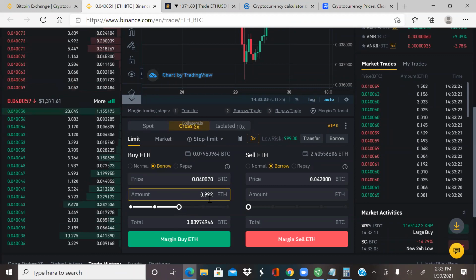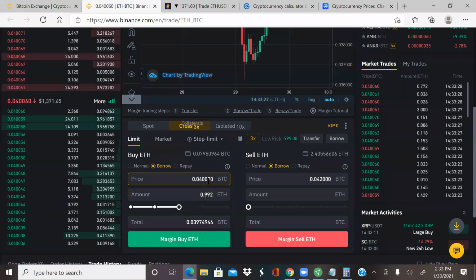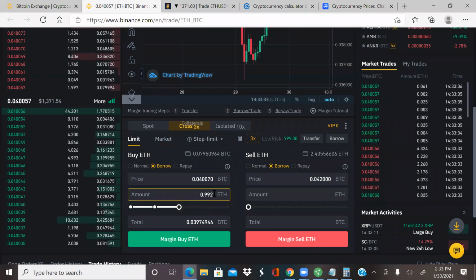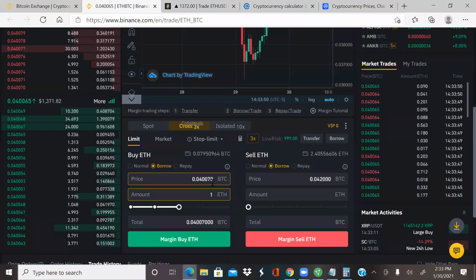If I'm buying at 40,070 Satoshi, it already tells you the amount I'll be able to buy. Let me buy one Ethereum. So if I click buy Ethereum at this price, it's going to add that Ethereum to this place at this price, at 40,070 Satoshi.